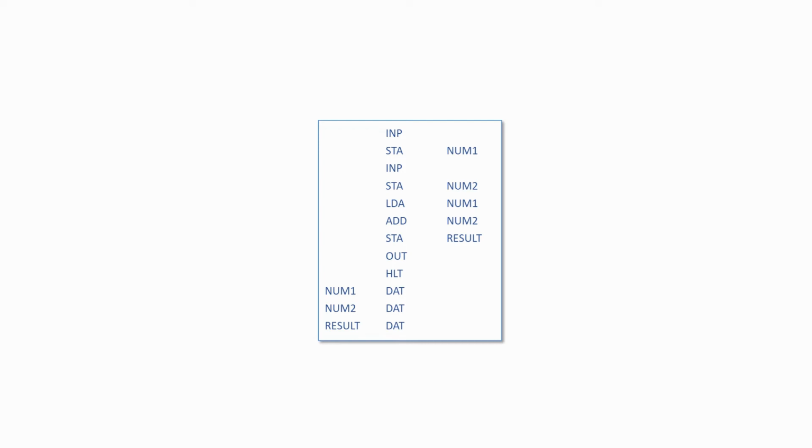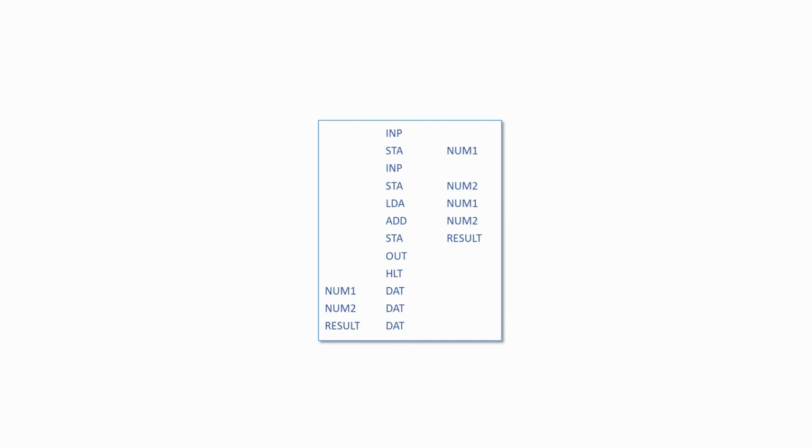The most important thing to realize about an assembly program is the role of the accumulator. When the input command executes, whatever the user types into the input box goes straight into the accumulator, overwriting whatever else is in the accumulator.